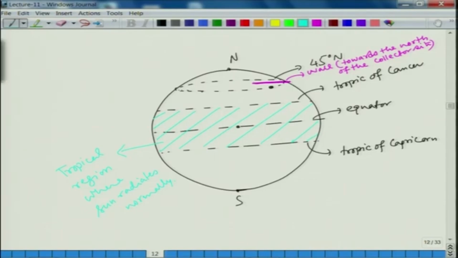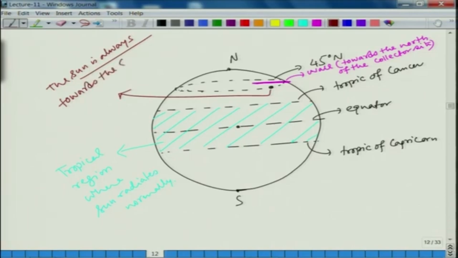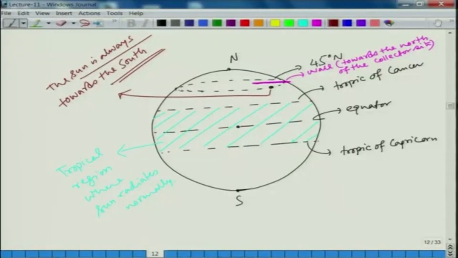So, for this location, the sun is always, any time of the year, any time of the day, towards the south, right. So, anything towards its north, even if a big Mount Everest is there, can never shade the sun, because sun is always towards the south. So, that is the intuition you have to bring along when you look at a shading problem.